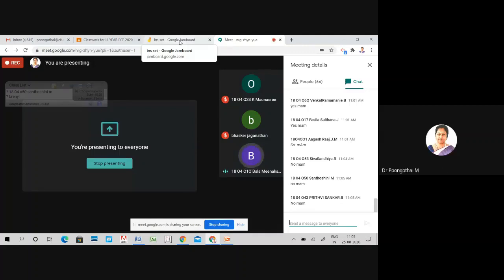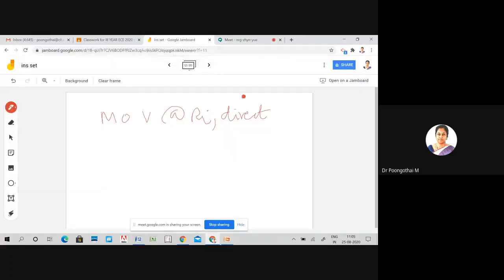Actually, move the data from internal RAM, whose address is given in the instruction, to internal RAM whose address is in R1 or R0 register. Okay. Example, MOV @Ri, your address. That's all.